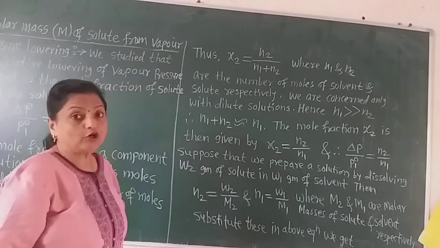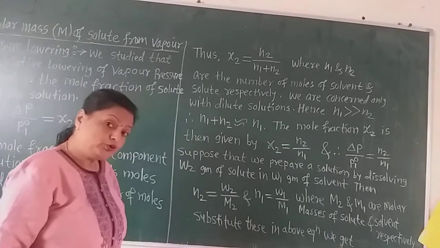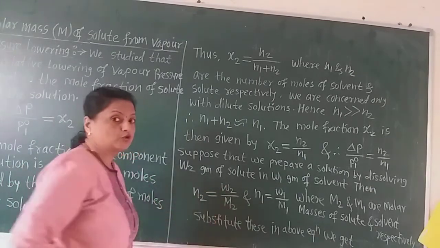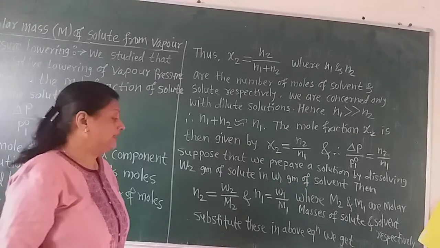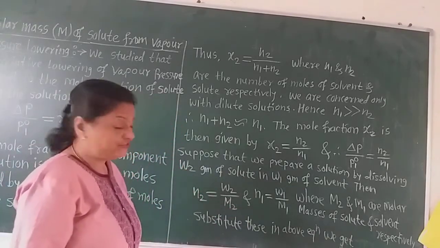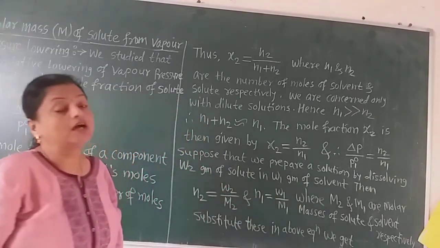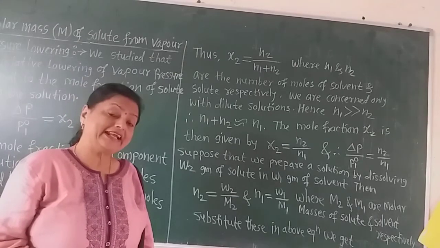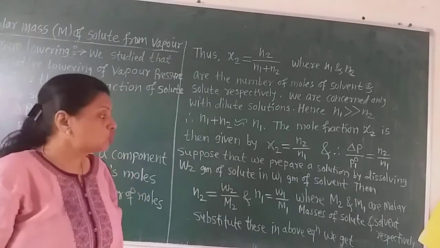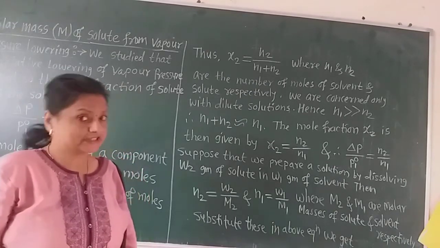So N2 is equal to W2 divided by M2, where W2 is the weight of the solute and M2 is the molar mass of the solute. Similarly, N1 is equal to W1 divided by M1, where W1 is the weight of the solvent in gram and M1 is the molar mass of the solvent. So M2 and M1 are the molar masses of solute and solvent respectively.